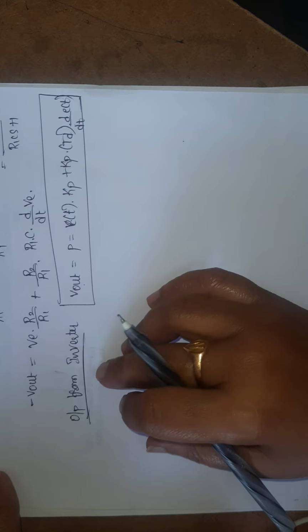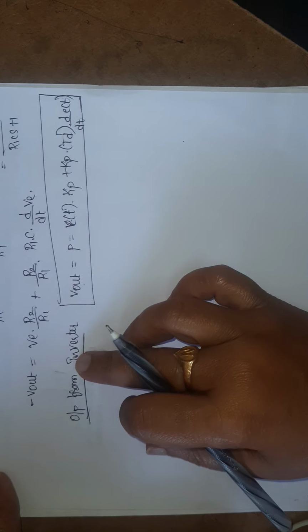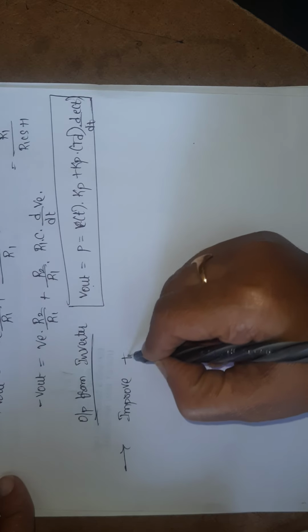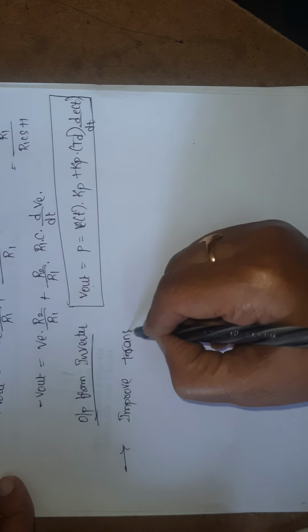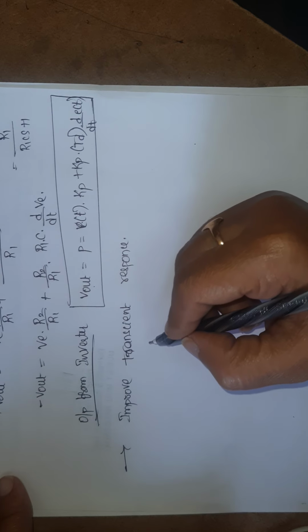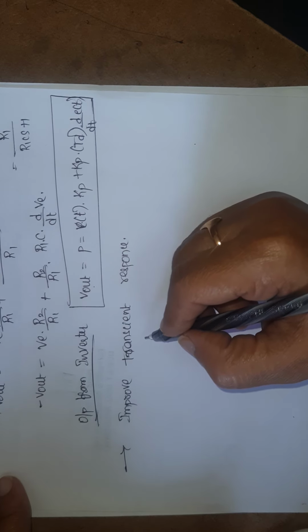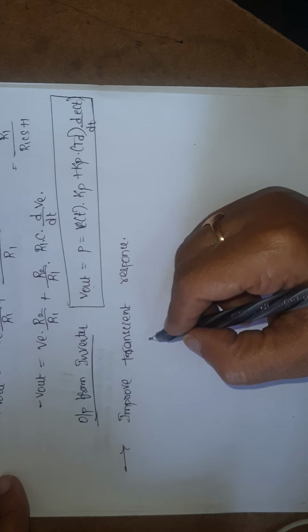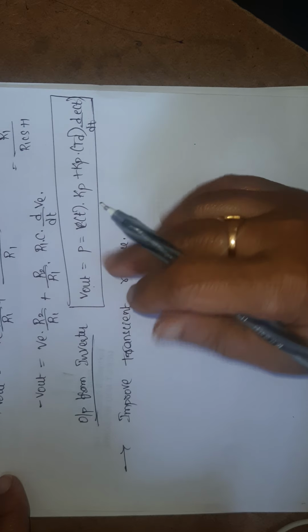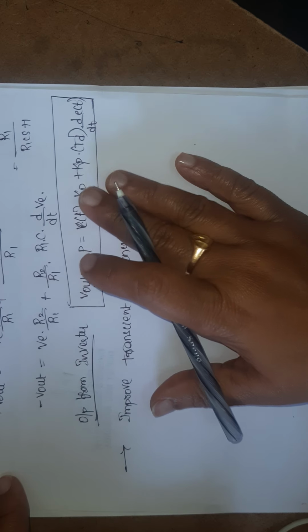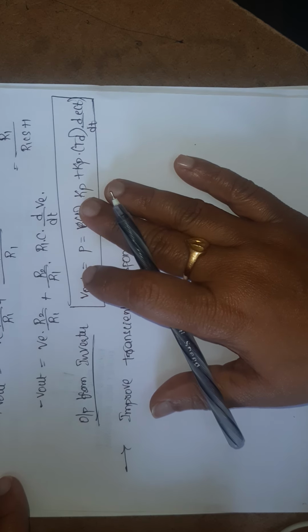So here the P plus D controller will improve the transient response. But what about the steady state response? The sinusoidal input for this P plus D controller is adding a leading angle. Leading angle is provided by the P plus D controller, which means the anticipatory nature will be present.